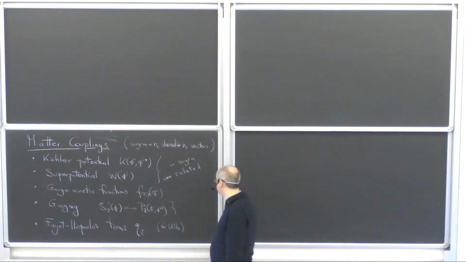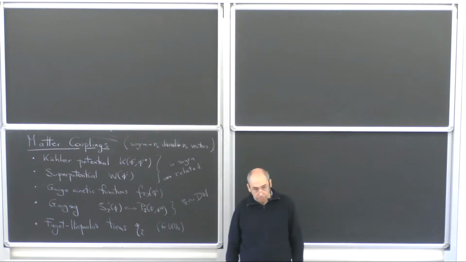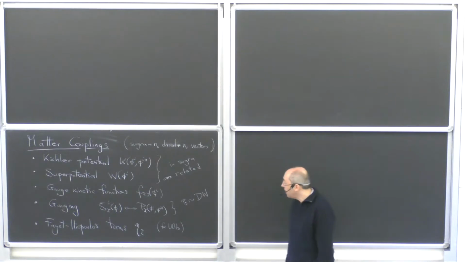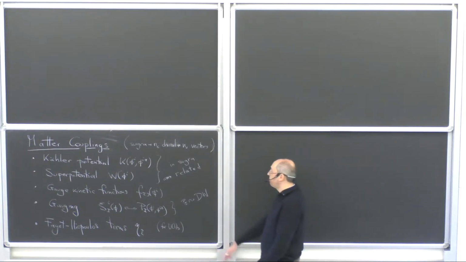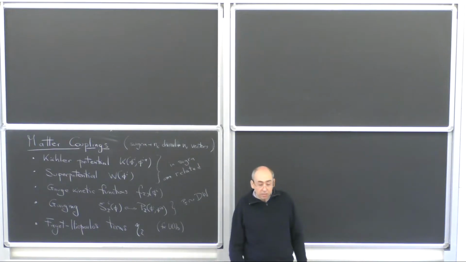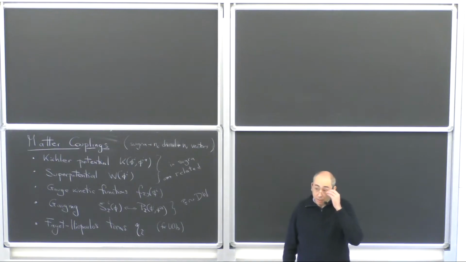In supergravity, the prepotentials are related to the derivatives of the superpotential. I'll show you exactly how and why again later. There are caveats as usual, so I will try to be precise, but generically D terms and F terms are related.